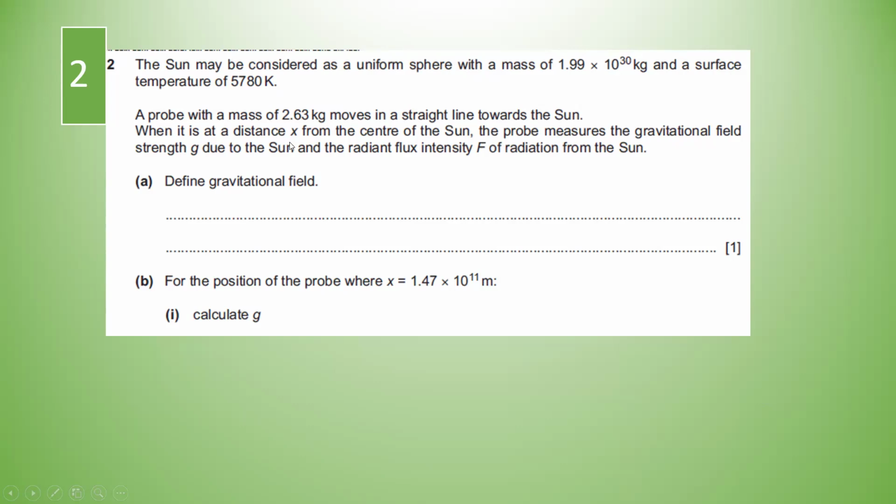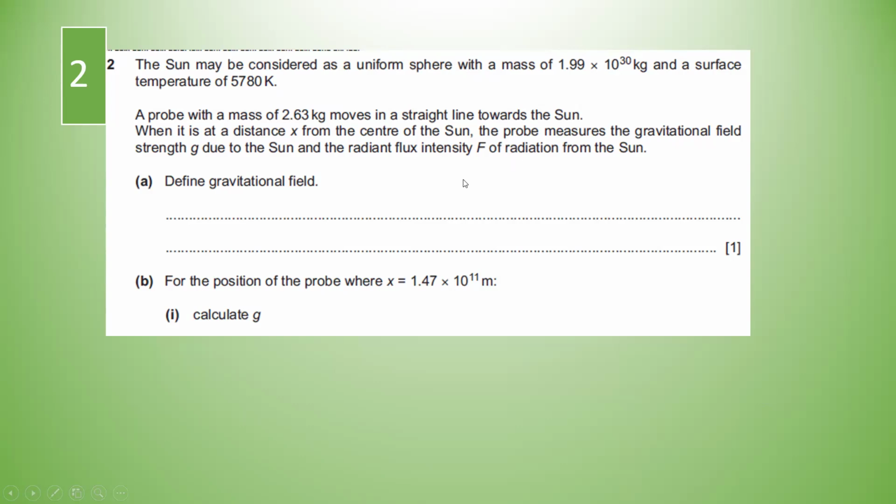When it is at a distance x from the center of the sun, the probe measures the gravitational field strength G due to the sun and the radiant flux intensity F of the radiation from the sun.